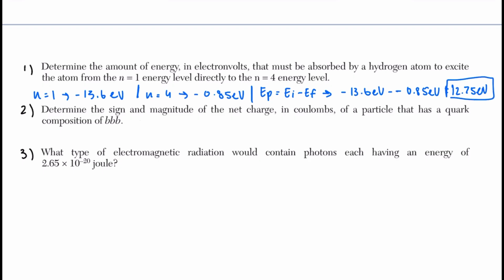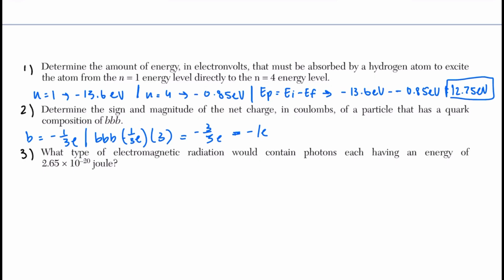Number 2, determine the sign and magnitude of the net charge in coulombs of a particle that has a quark composition of BBB. Once again, look at the reference table to find the value of B. B is negative 1 over 3 e. So BBB is negative 1 over 3 e times 3, which equals negative 3 over 3 e, or just negative 1 e, which is 1 electron, right?